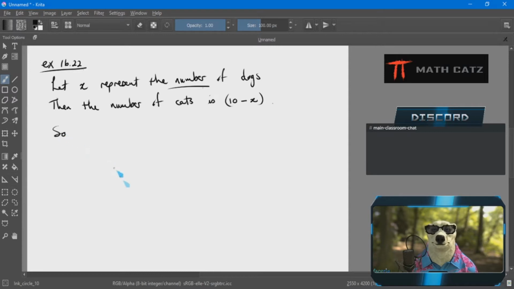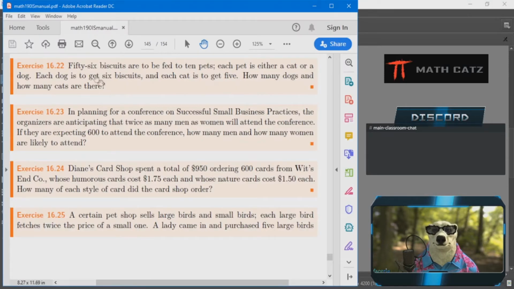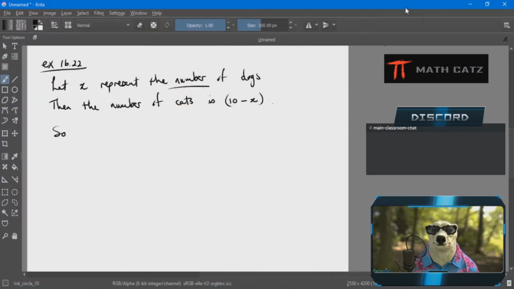Now I want to translate the sentence or the concept that 56 biscuits have to be fed to these pets. Each dog gets 6 biscuits. So I'm going to calculate the total number of biscuits in 2 ways.